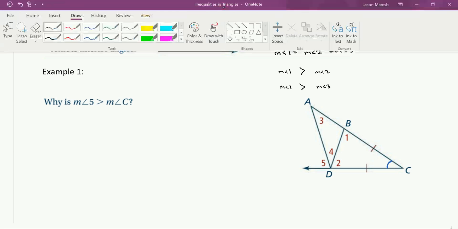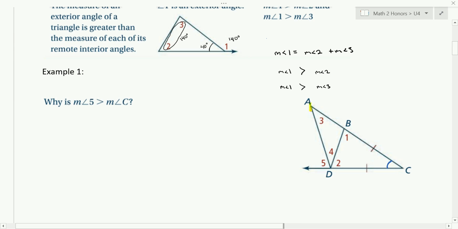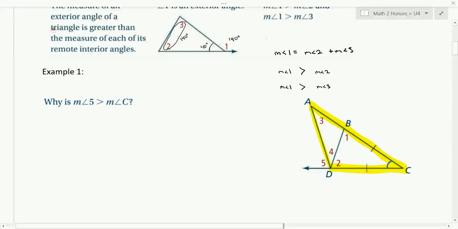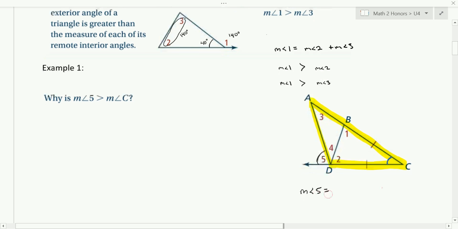Okay, let's focus in on the triangle I'm highlighting here. And let's use the exterior angle theorem. The exterior angle theorem says, well, angle 5 is an exterior angle, right? So the measure of angle 5 is going to equal what?